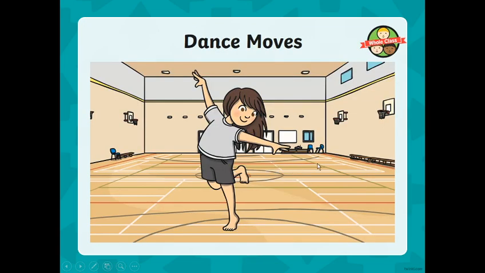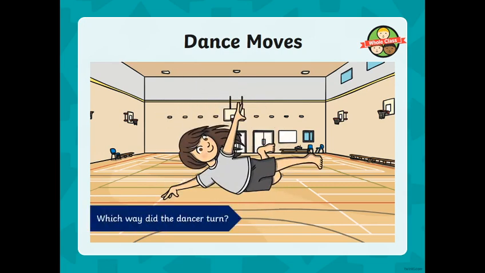Okay, now we're going to have a look at some dance moves. Okay, which way did the dancer turn? So you're going to be looking at whether she turned clockwise or anti-clockwise.